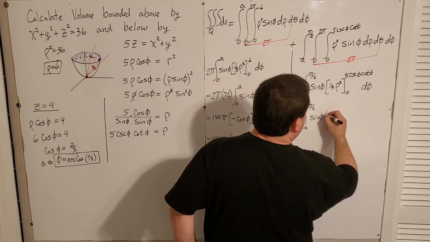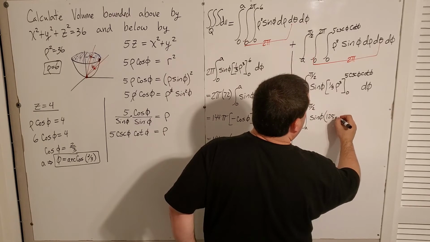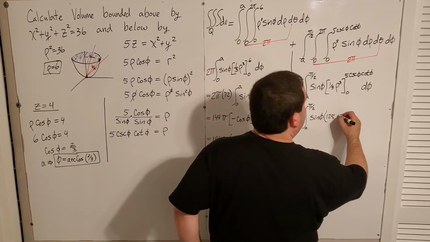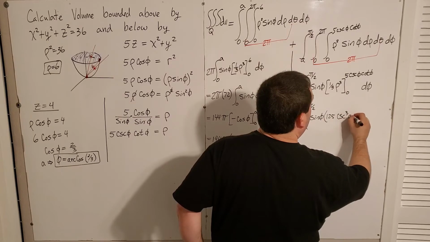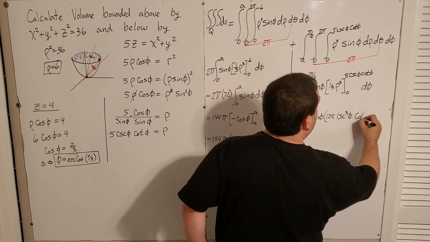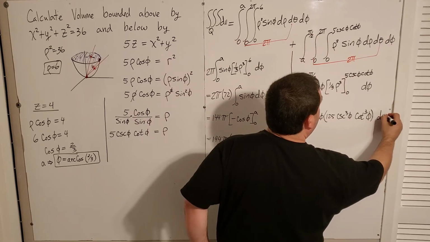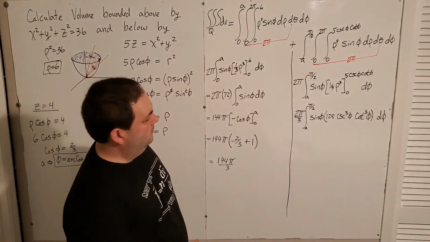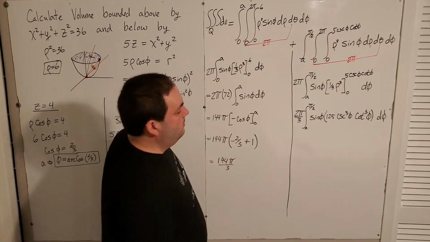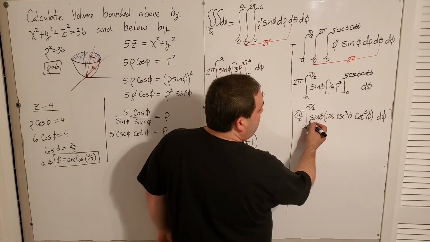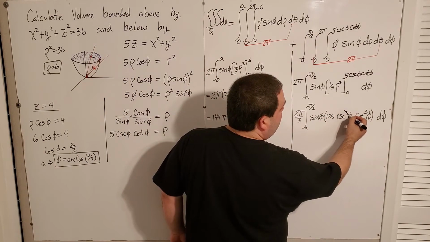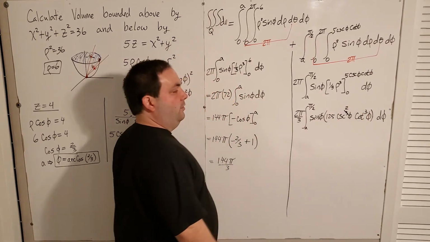So times 125 cosecant cubed phi cotangent cubed phi, right? d phi. Immediately, one of the sine phis reduces the cosecant phi to a squared.